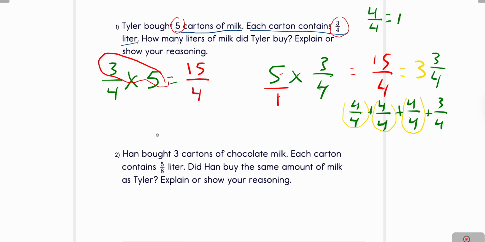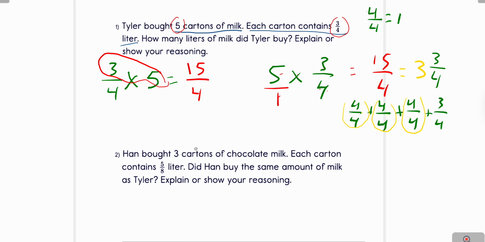Next part of the question. Han bought 3 cartons of chocolate milk. Each carton contains 5/8 liter. Did Han buy the same amount of milk as Tyler? Well, let's see how much milk Han bought. You can pause the video and try this out for yourself.